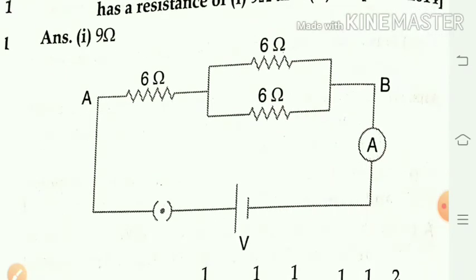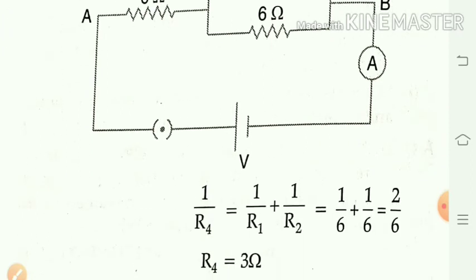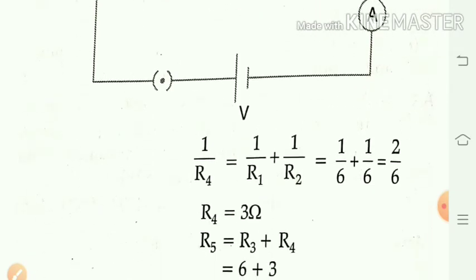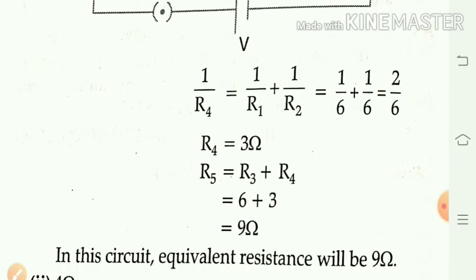Here, you can see that if we connect one 6 ohm resistance in series and the other two in parallel combination, then we will try to solve this. For the resultant resistance, 1 upon R4 is equal to 1 upon R1 plus 1 upon R2. So we get the value of R4 as 3 ohm.